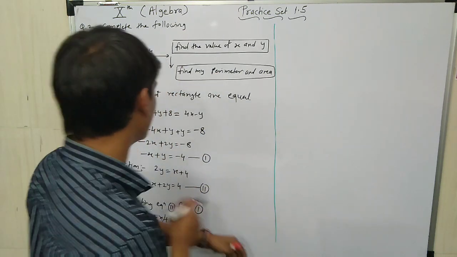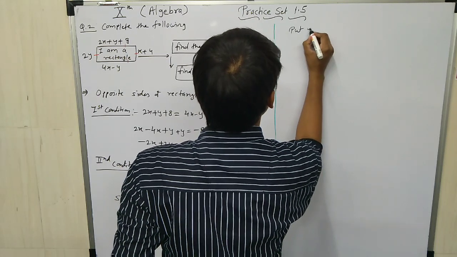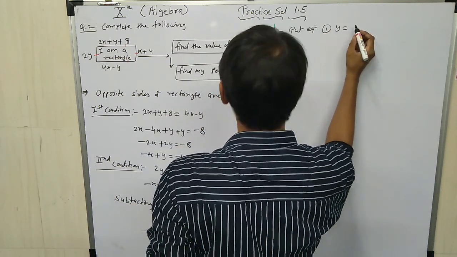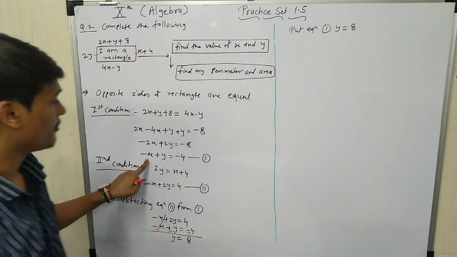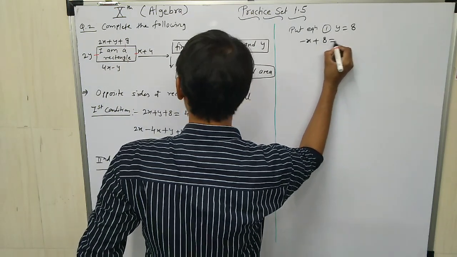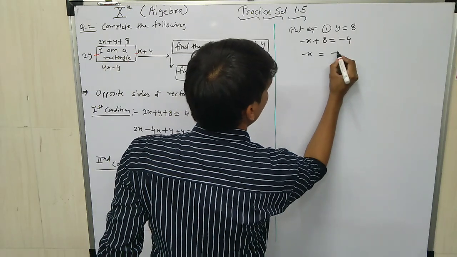Now put the equation number 1, put equation 1, y is equal to 8. What is the first equation? Minus x plus y, 8, is equal to minus 4. Minus x is equal to minus 4.